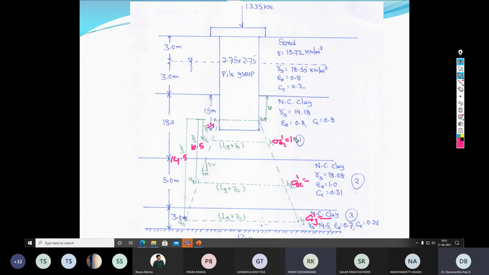Plus 15.72 into 3 plus 18.55 minus 9.81 into 3, plus 19.18 minus 9.81 into 14. Yeah, 14. Very good.